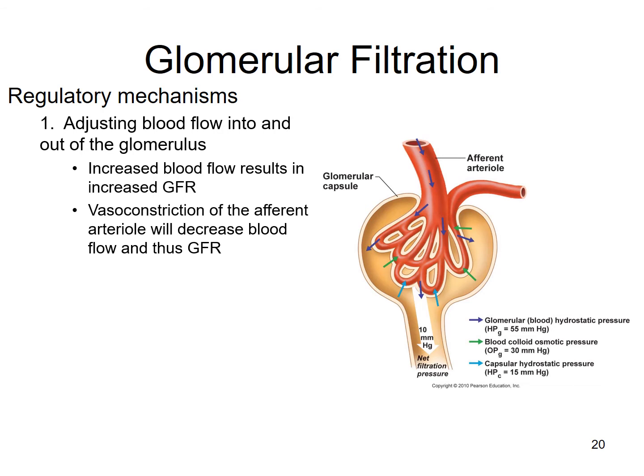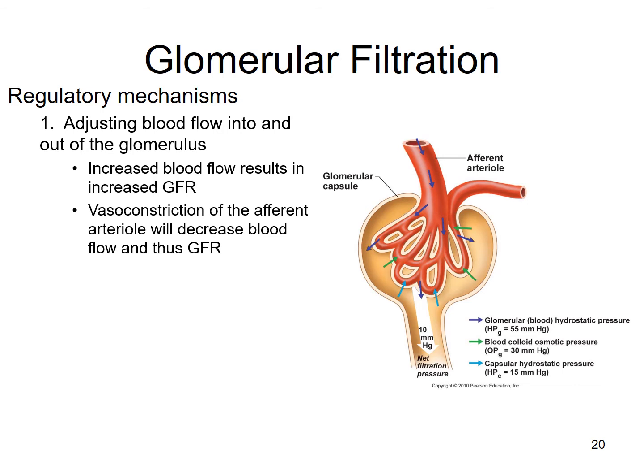So if you'll recall, the efferent arteriole is smaller in diameter than the afferent arteriole. If you vasoconstrict the afferent arteriole, there is not as big of a difference between the two diameters, and therefore it's like easing up on a crimp in a garden hose, so the pressure isn't going to be quite as high.